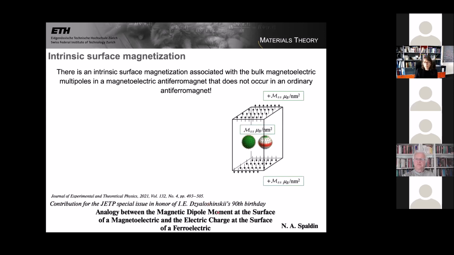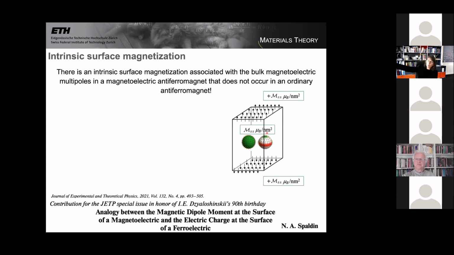So here's the chromium-203 example. Chromium-203, as we just saw, has magnetoelectric monopoles plus magnetoelectric quadrupole moments. In this 9-component tensor, it has only non-zero the ZZ component. And its magnetoelectric multipolization is MZZ Bohr magnetons per square nanometer.